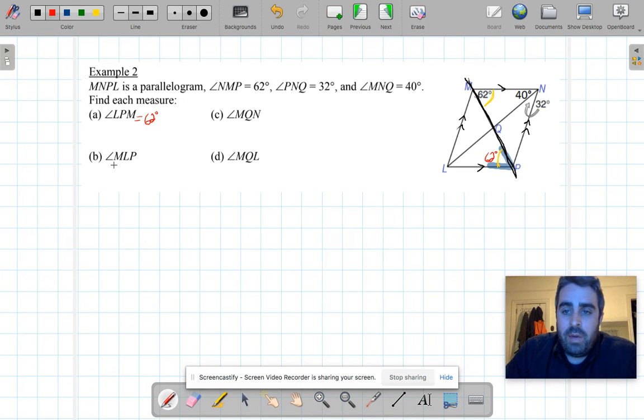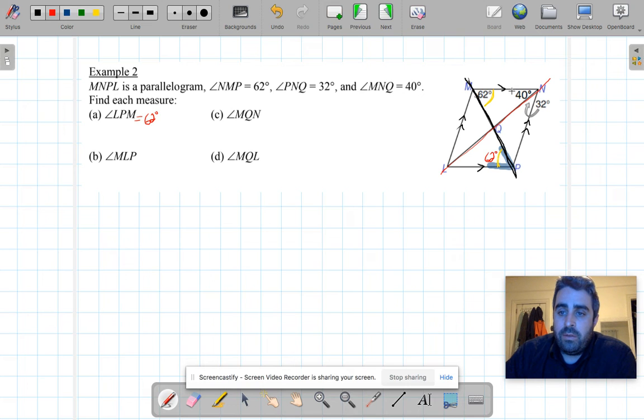We have angle MLP. So MLP is over here. There's a couple different things we could do. We could once again use the alternate interior angle theorem. So we see here again we have this transversal cutting these two parallel lines, MN and LP.